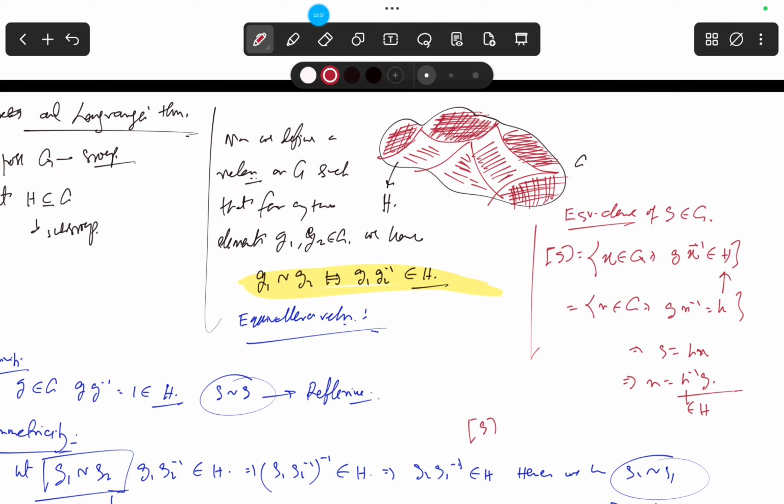So the equivalence class of g is basically nothing but Hg, defined as small h times g such that small h is in capital H. This is how we can make a partition for the entire group G. These are called the right cosets of G.